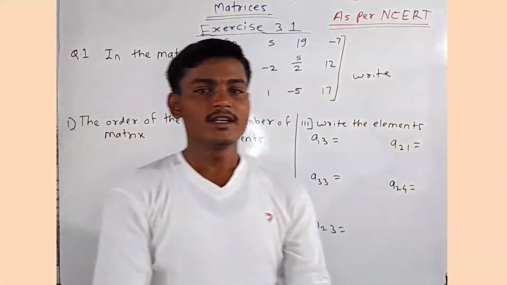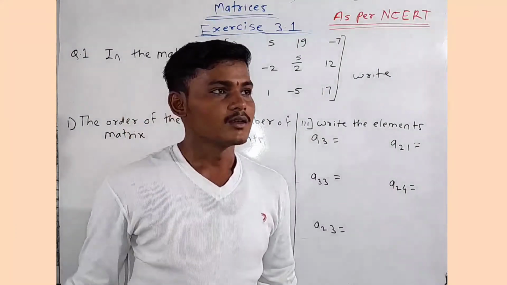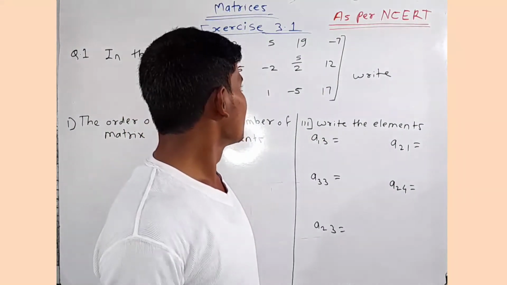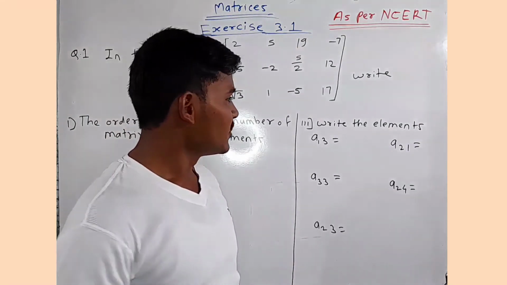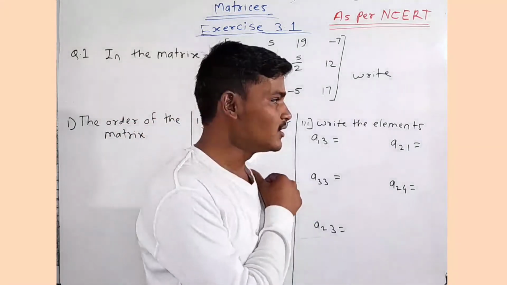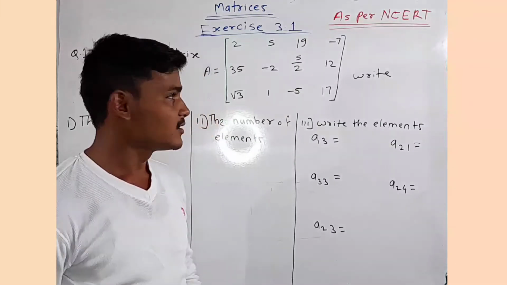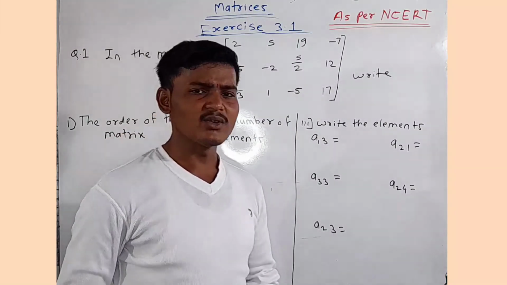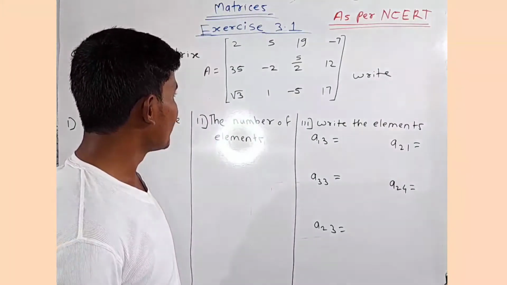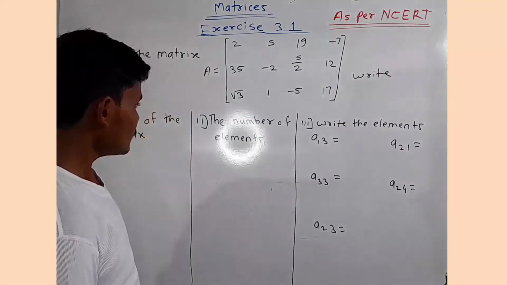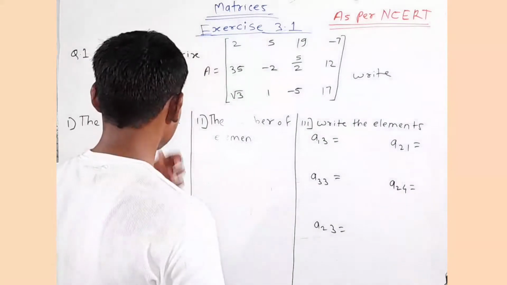Hello guys, in this video we are going to see the exercise on matrices as per the NCERT. In the previous video we saw all the types of matrices, and in this video we will see exercise 3.1, that is the exercise on matrices.